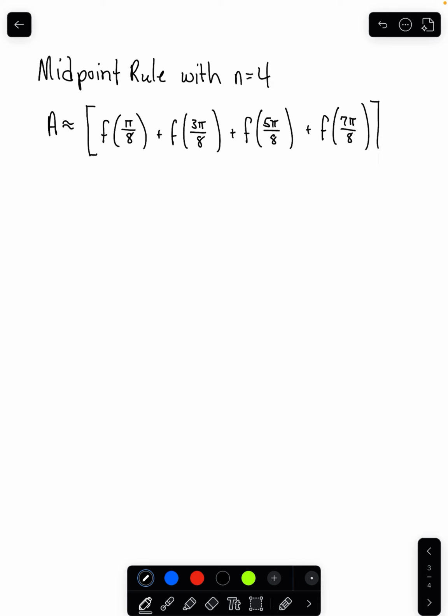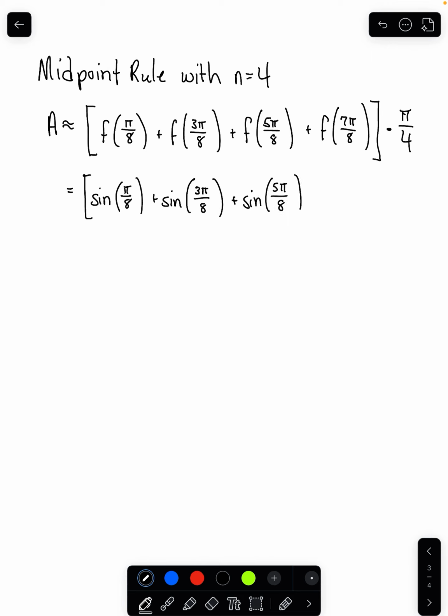And all of that times delta x, which we know to be pi over 4. So this would be sine of pi over 8 plus sine of 3 pi over 8 plus sine of 5 pi over 8 plus sine of 7 pi over 8.